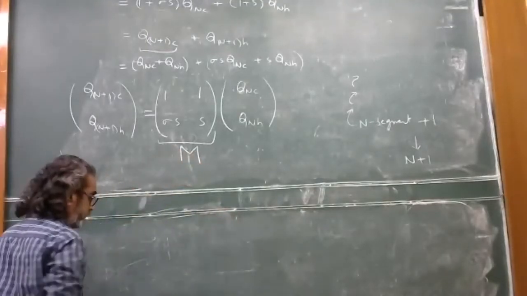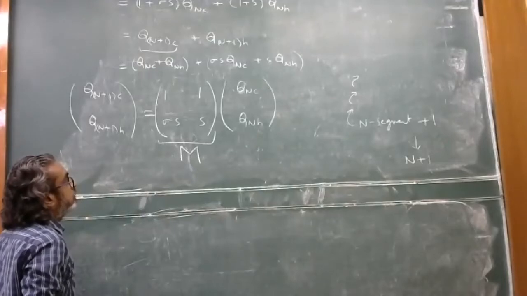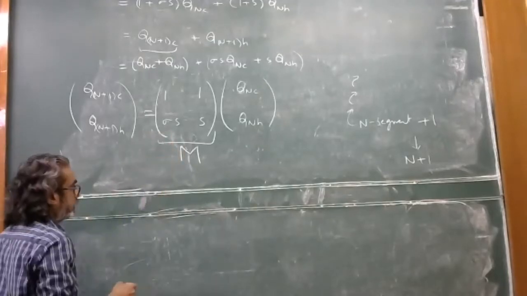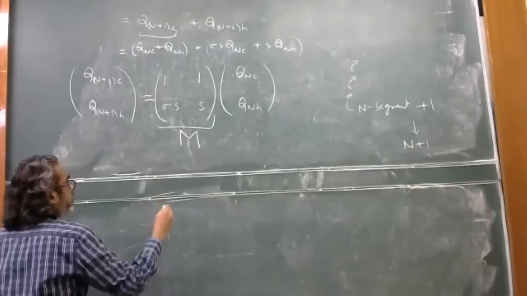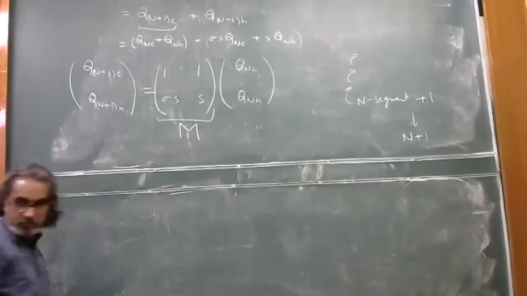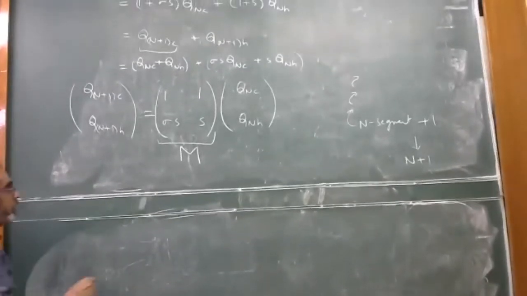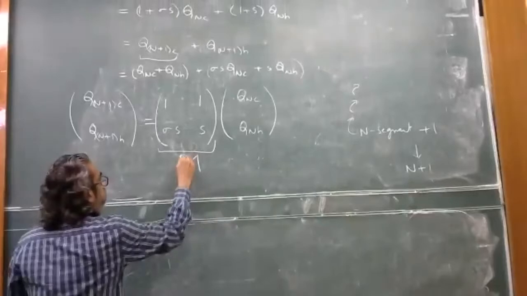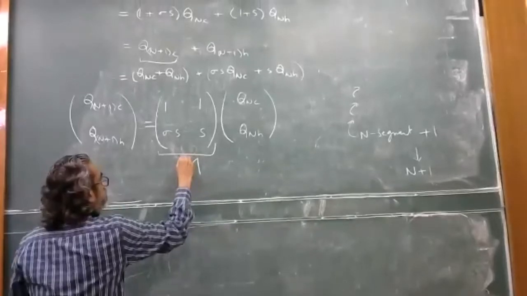So how to actually write this in terms of matrices?